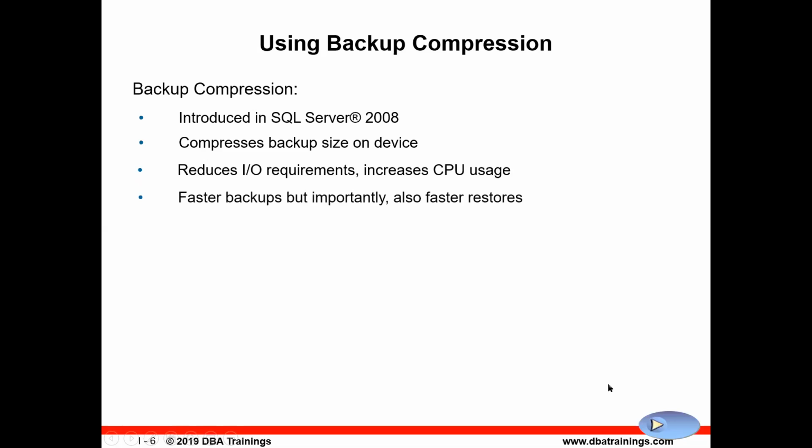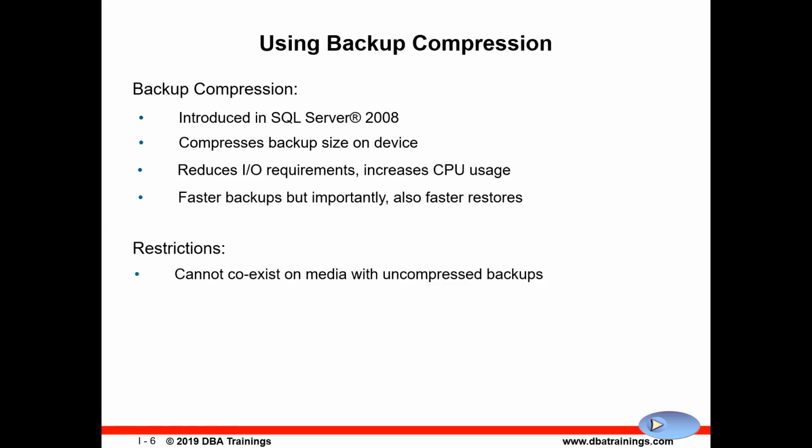Then faster backup, but importantly also faster restore, because the database size is less, so we can perform it very fast. After compression, the backup size will be less. That's why fast backup and restore can happen. But as we have lots of pros, we also have cons.